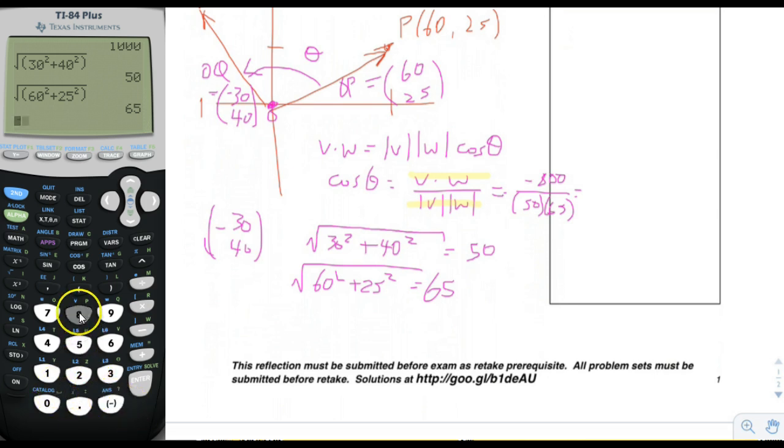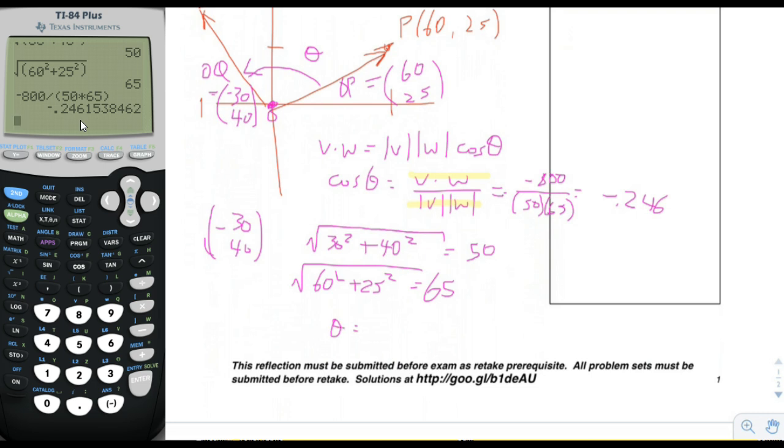We'll put negative 800 divided by, and then we'll put parentheses, because you always want to put parentheses around the denominator. And we end up with negative 0.246. Then we're going to take the inverse cosine of each side.